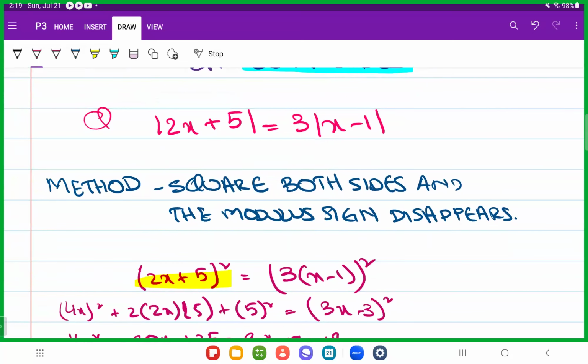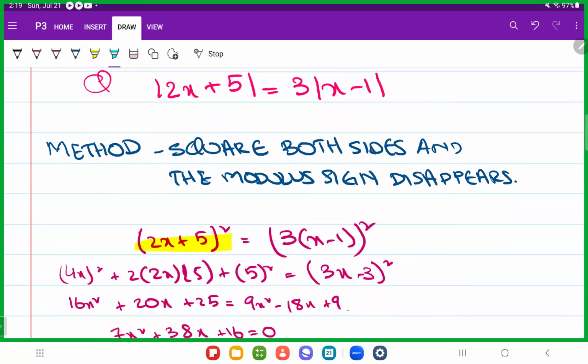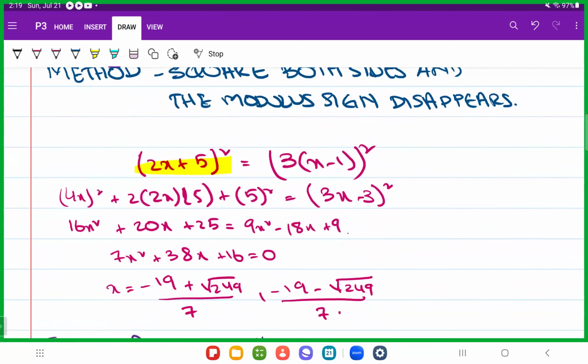All right. So for example, this is my question. I will simply put a whole square on both sides. So there's a whole square over here and a whole square over here. You open it with, you know the formula, right? (a plus b) whole square is a square plus 2ab plus b square, right? You know that? Yeah, I remember. You did that in O levels, right?